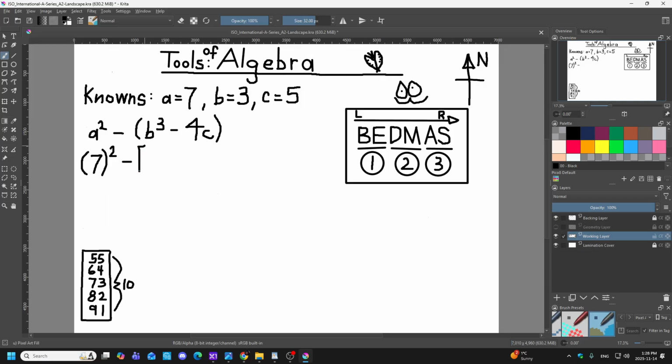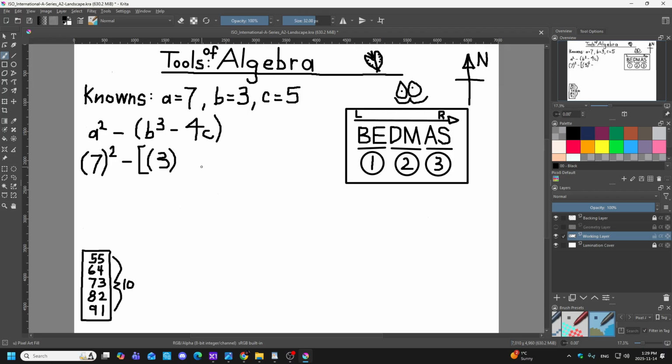There's nothing that says I can't. The reason I'm doing this is because I have b cubed and I want to use parentheses again. Square brackets is replacing these. Let's continue. B is 3 and cubed. Make sure you don't forget any exponents.